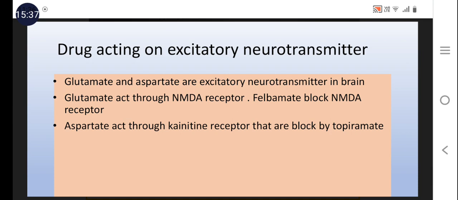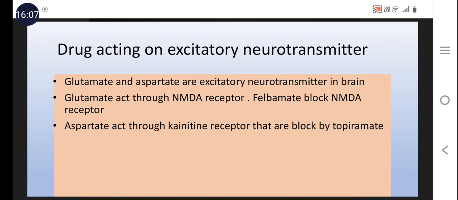Then drugs that act on the excitatory neurotransmitter. As we discussed, glutamate and aspartate are excitatory neurotransmitters in our body.